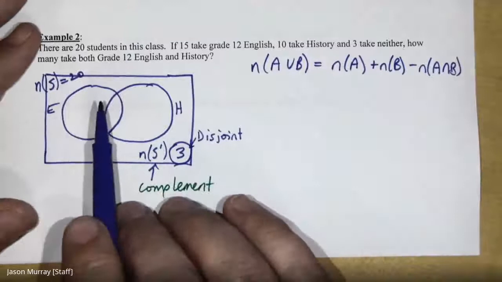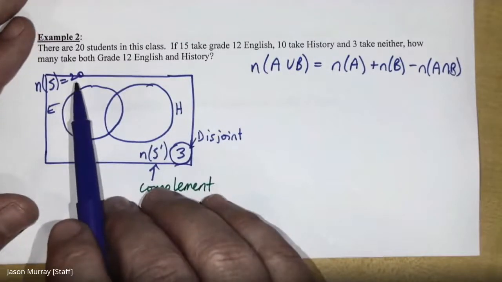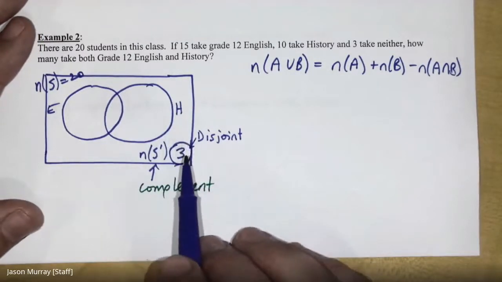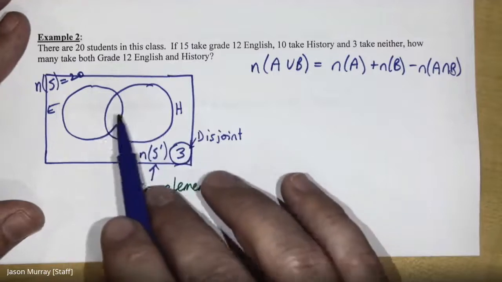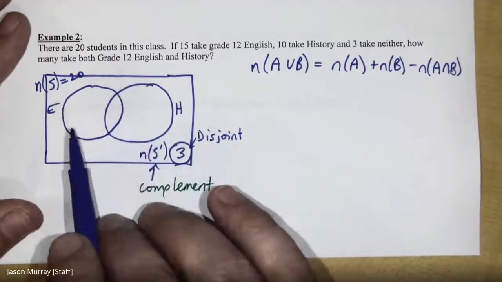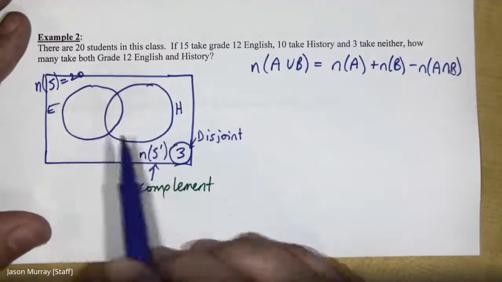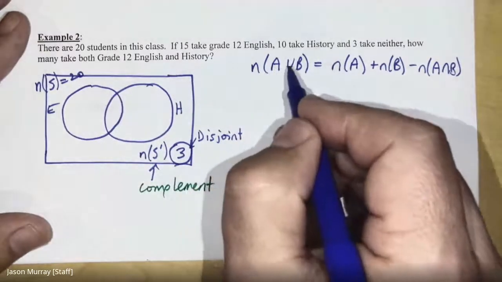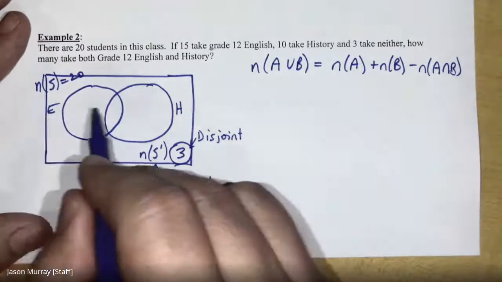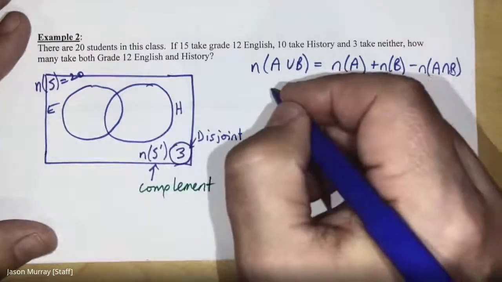If there's 20 people in this class, but 3 of them are not taking either of these two, then the number of people we have to account for in this circle is 17. So the number in A union B, or in this case, E union H, is 17.